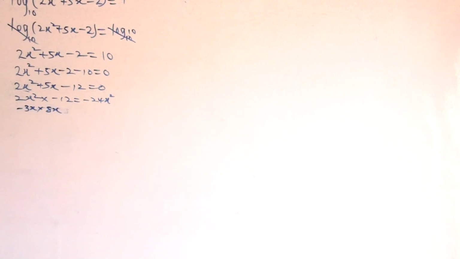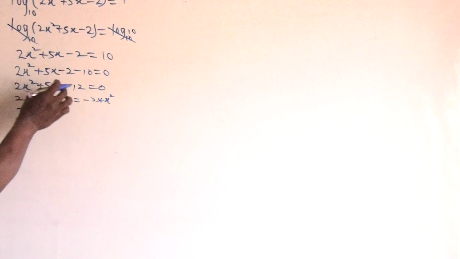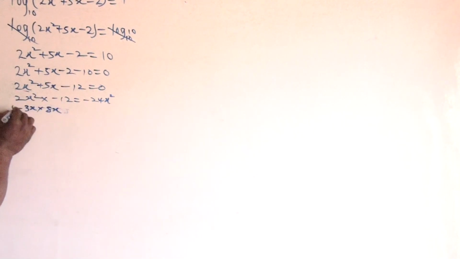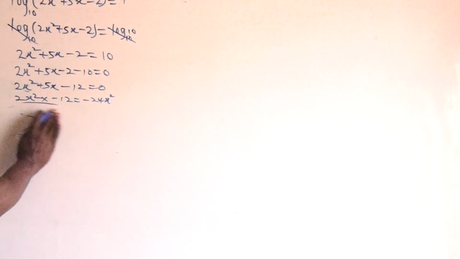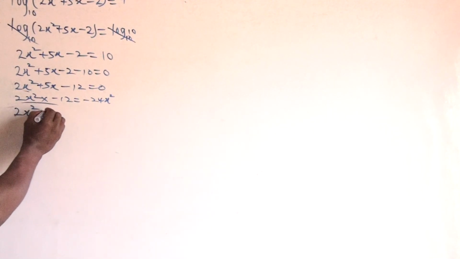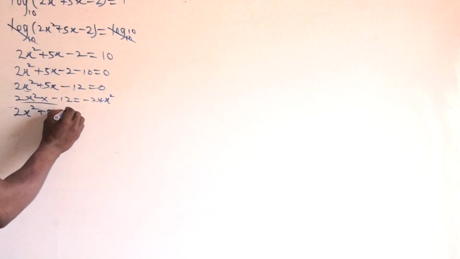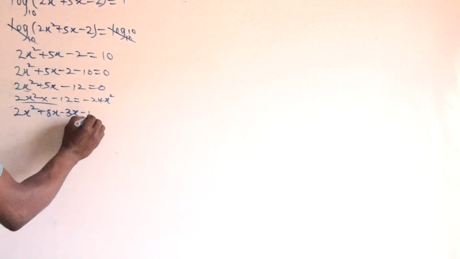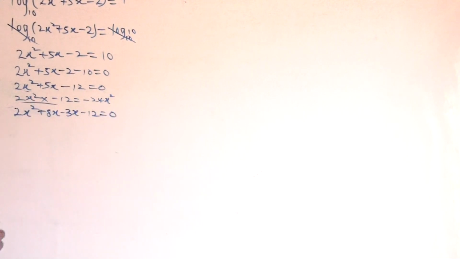If we add this, it's definitely going to give us plus 5x. So the appropriate factors to be used here are minus 3x and plus 8x. Okay, so we replace the middle term, which is the 5x, with that. So here we have 2x squared plus 8x minus 3x minus 12 is equal to 0.